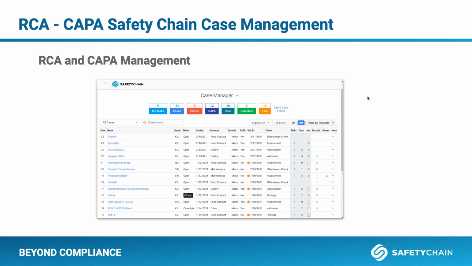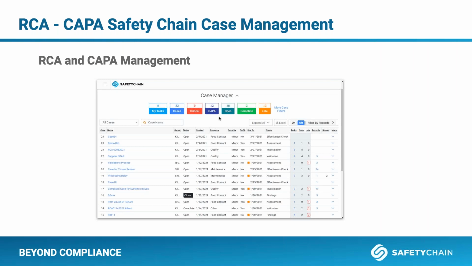If you look here, I can see how many CAPAs are opened, how many are assigned, how many are late. On the left-hand side I can see the different cases that were created. We are an enterprise platform, which means you can have 10 sites in the US and a few sites everywhere else, but I can look at my CAPAs and cases from a holistic perspective.